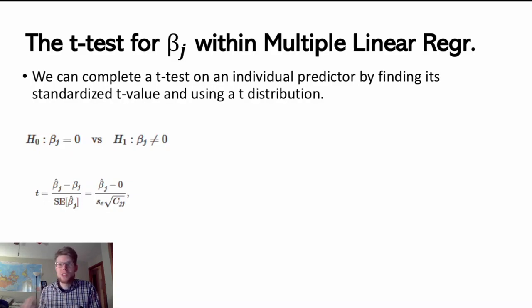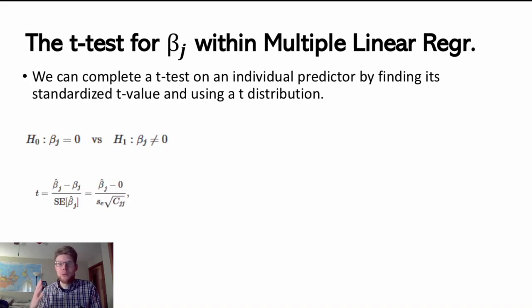Therefore, we could use a t-test to test a null hypothesized value for beta j. Probably the most common value we'd plug in here would be 0. Beta j equals 0 would basically mean that this predictor is not adding anything to this model.